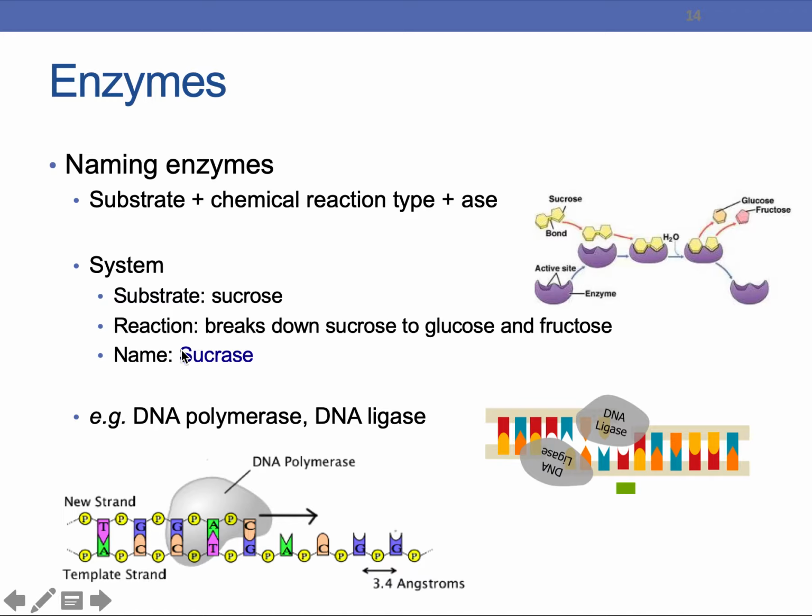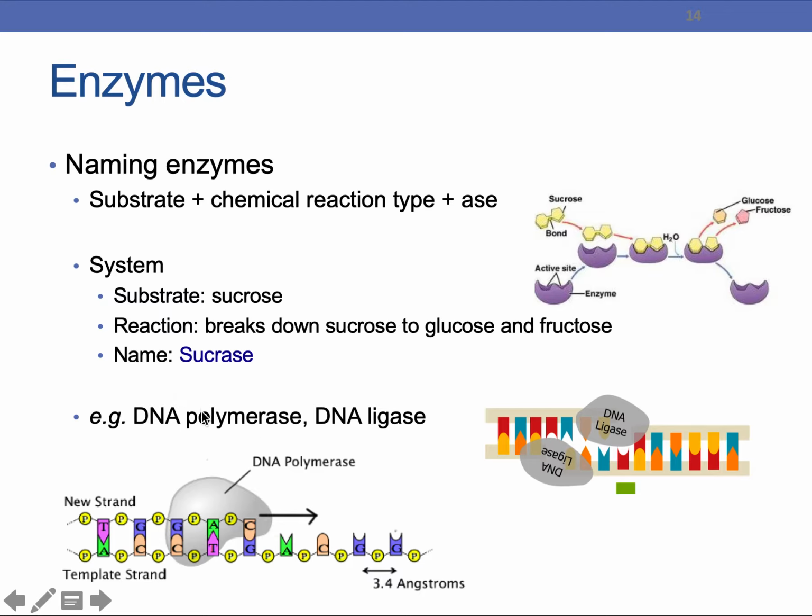The name tells us that the substrate that it acts on is sucrose. The reaction that it's involved in is the breakdown of sucrose into glucose and galactose. And the 'ase' tells us it is an enzyme. Similarly, if we look at DNA polymerase, the substrate is DNA.